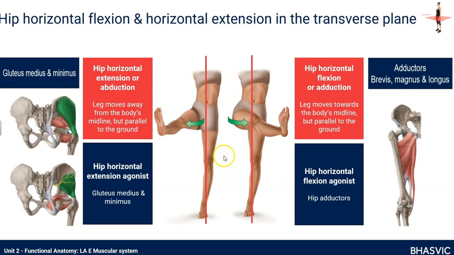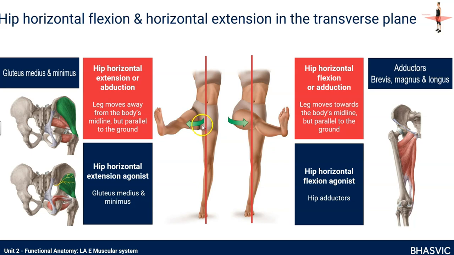A bit like the shoulder, the hip can do horizontal flexion and extension, or horizontal abduction and adduction. So the same sort of away or towards the body midline, but in a position parallel to the ground. I think it's unlikely you'll be specifically asked on this, but I'm showing you anyway because this joint can do it.